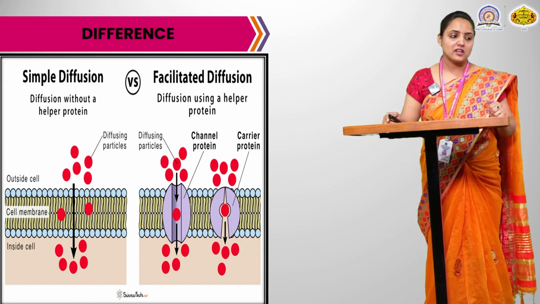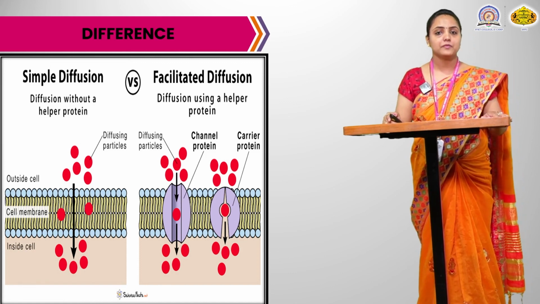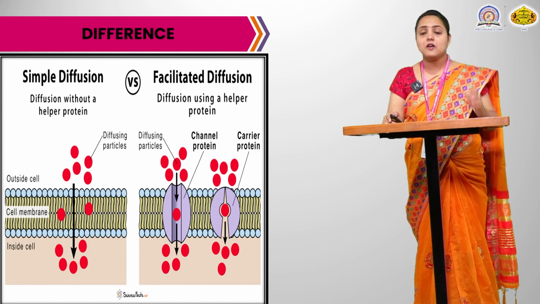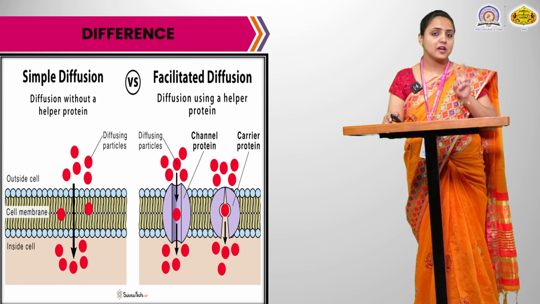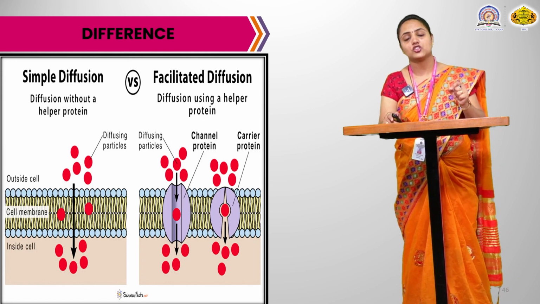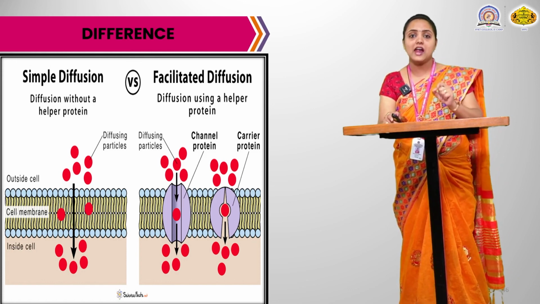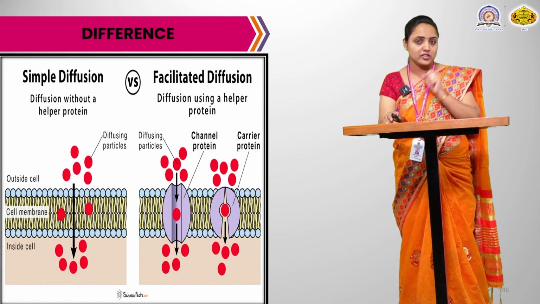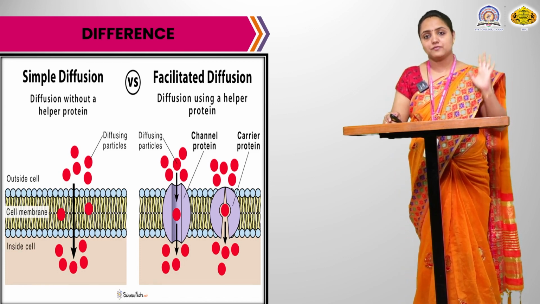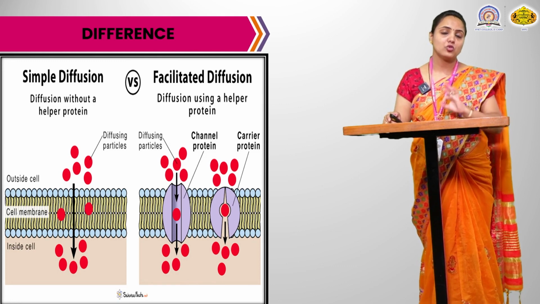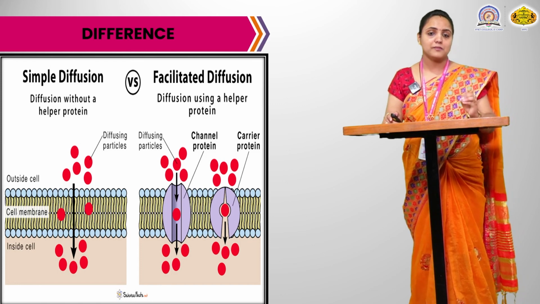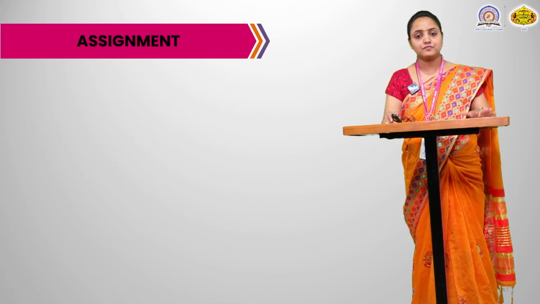You can see a channel and a carrier in the diagram moving molecules inside the cell, but both work by only one mechanism, from higher concentration to lower concentration, along the concentration gradient. The third similarity is that there is no energy, no need of ATP. These are the three similarities between simple and facilitated diffusion.